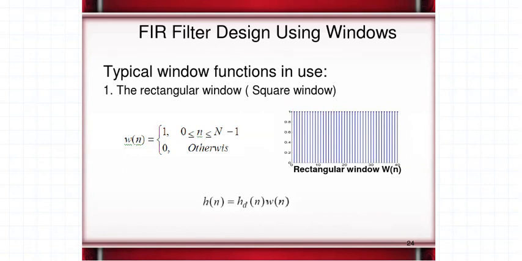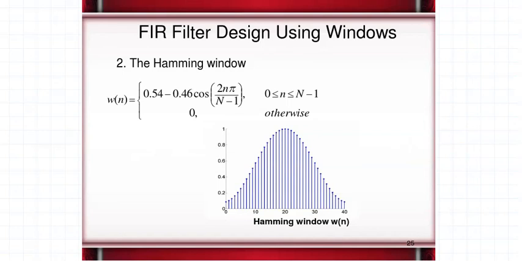Let us look at some more window functions. The next window is the Hamming window, governed by this particular equation. This is the equation of the Hamming window, and this is the shape of the Hamming window as obtained from this equation. You can see that it has a kind of Gaussian shape. The magnitude is governed by this equation. Outside of this, again the window is 0. So when you multiply an infinite impulse response with such a window, it turns out to be of finite duration.